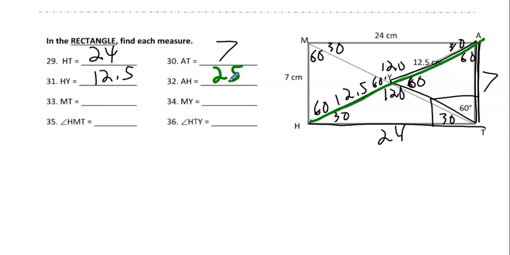MT, well, that's a tricky one. I don't know, because there's no numbers along that line. But remember, the diagonals are equal in a rectangle. Therefore, MT is also 25, which makes MY 12.5. HMT.